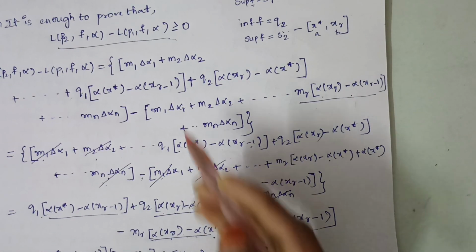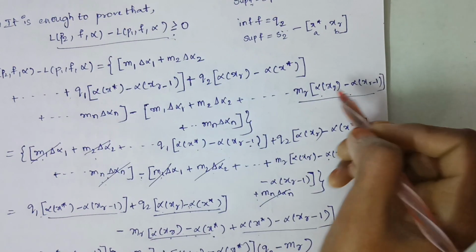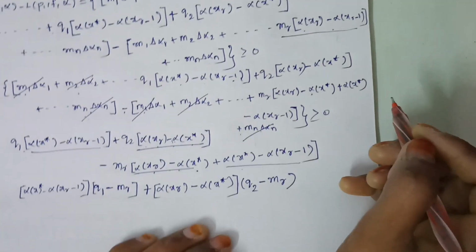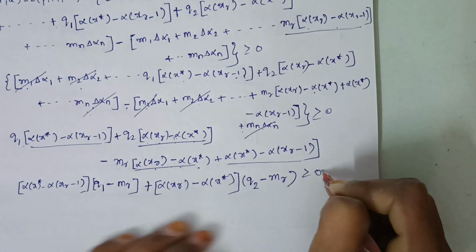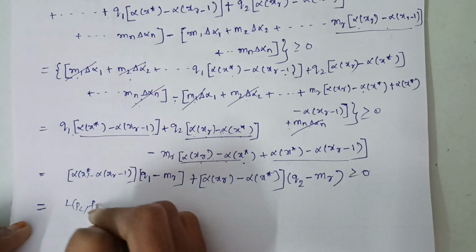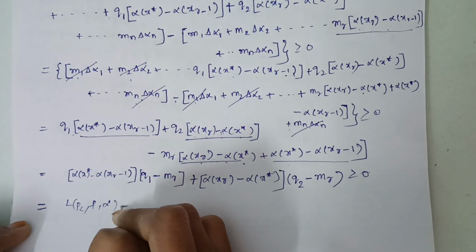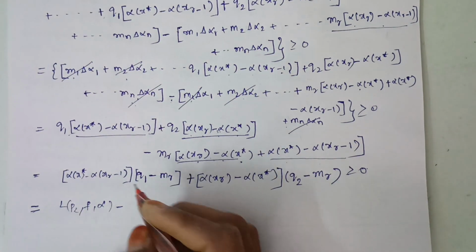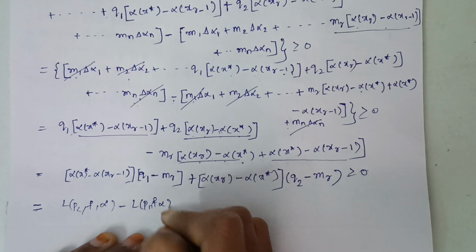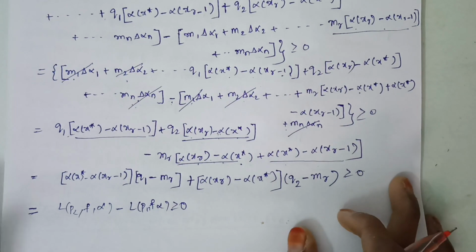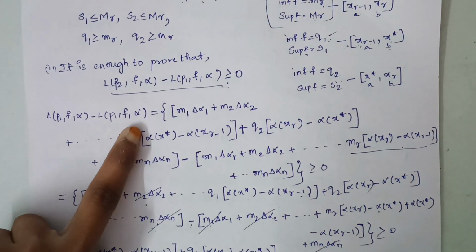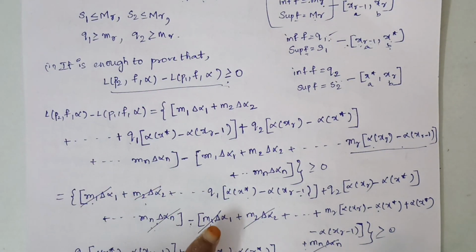And if you see here, greater than or equal to 0, greater than or equal to 0, and greater than or equal to 0, and the LHS part, which is nothing but L of P2, F, alpha minus L of P1, F, alpha, is greater than or equal to 0. Here in the first, we have considered L of P2, F, alpha minus L of P1, F, alpha as this formula, right?